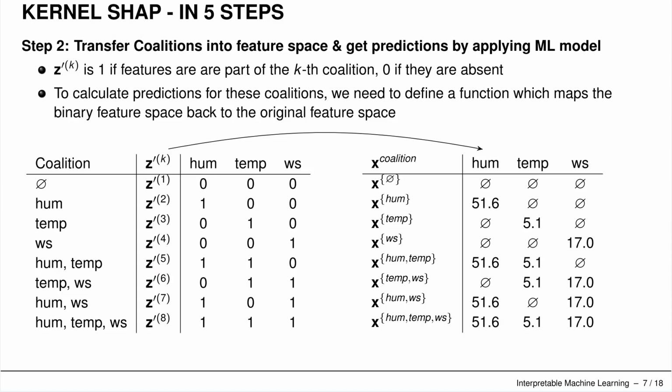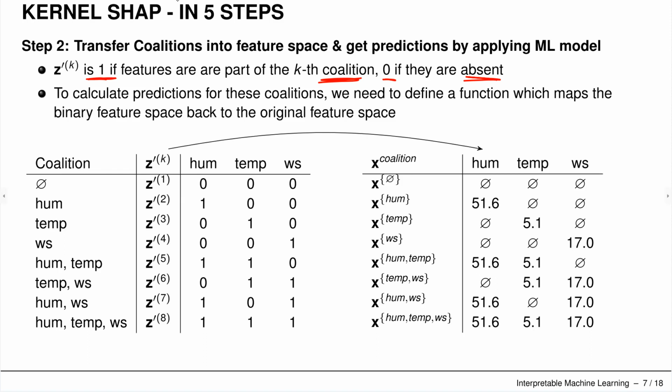In the second step, now we look at those vectors, so the rows of the matrix. And here it is 1 if this feature is part of the coalition, and it's 0 if it's absent. And if we now want to calculate predictions for these coalitions, we need to define a function mapping the binary feature space back to the original feature space.